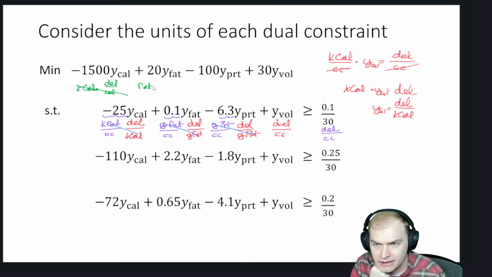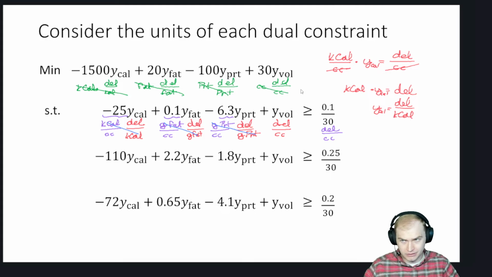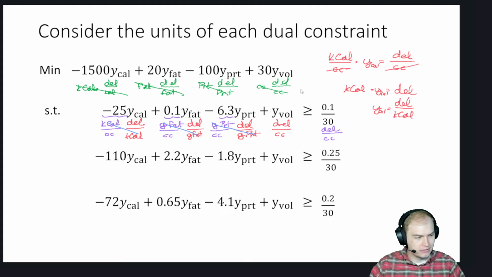This is fat times deliciousness over fat. Fat cancels. This is protein times deliciousness over protein. Protein cancels. This is cubic centimeters times deliciousness over cubic centimeters, so CC cancels, and we're left with minimizing deliciousness.